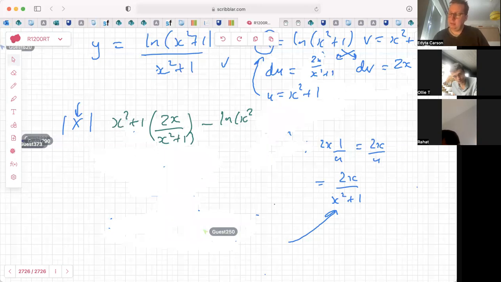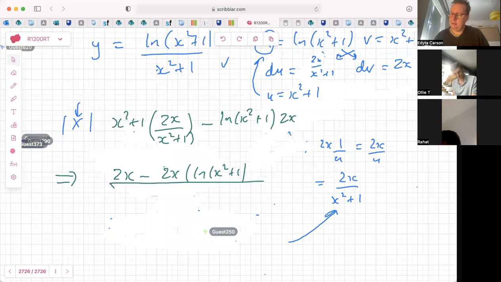So on the top we have 2x minus 2x log of x squared plus 1, over v squared. And v is x squared plus 1, so it's x squared plus 1 squared.